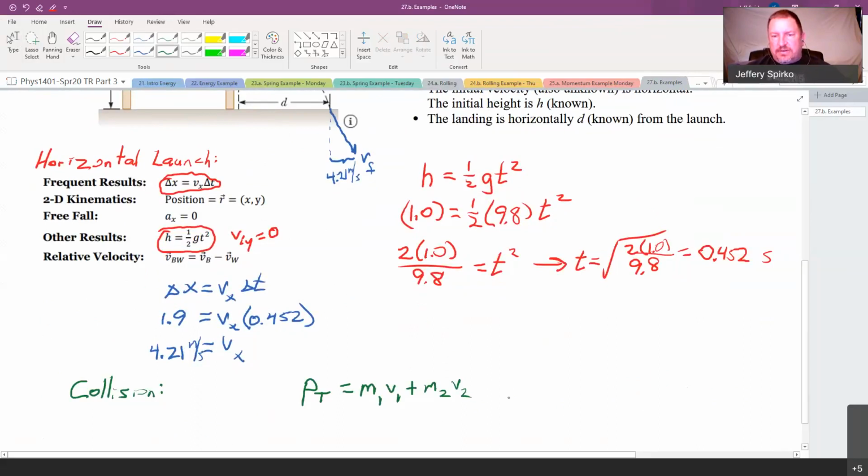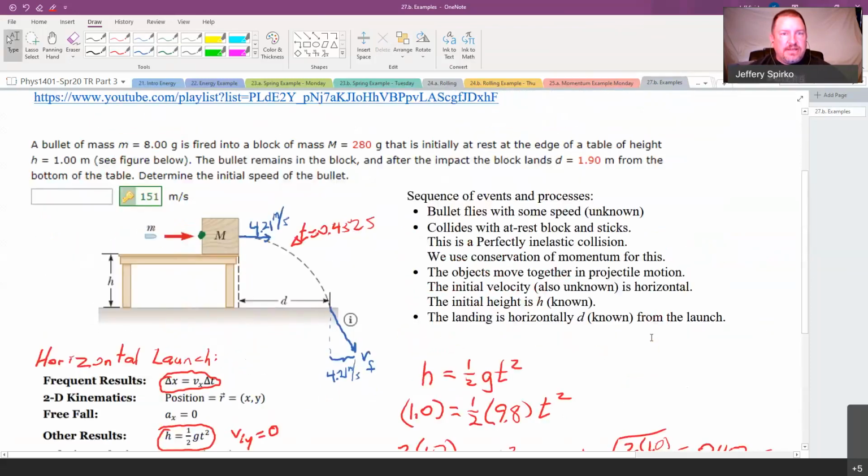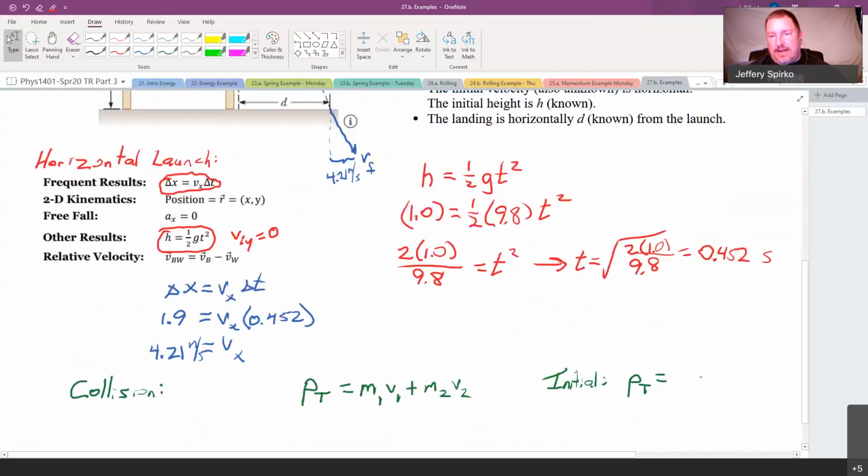Before the collision, we're going to have p total equal to the bullet, which is 8 grams times v bullet. And the block is not moving.